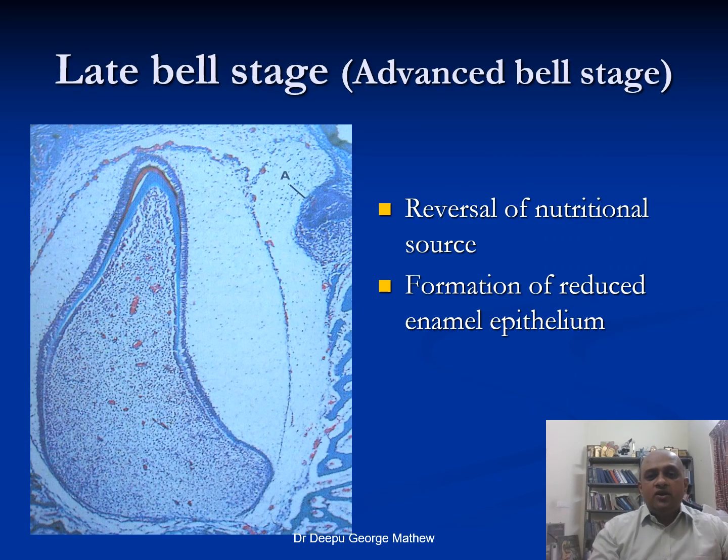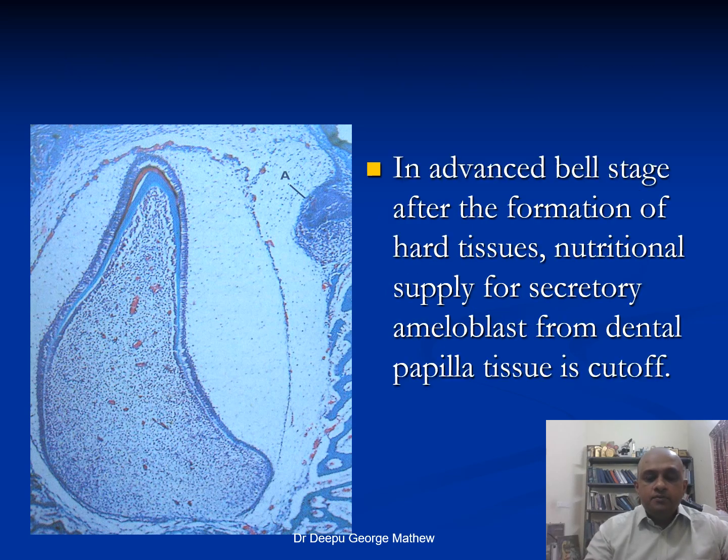Now in the late or advanced bell stage, there are two events that happen as a result of the hard tissue formation. One is the reversal of the nutrition source, and the other is the formation of the reduced enamel epithelium. In the advanced bell stage, after the formation of the hard tissues, the secretory ameloblasts used to get their nutrition supply from the dental papilla, which is the closest source of nutrition for the inner enamel epithelial cells.